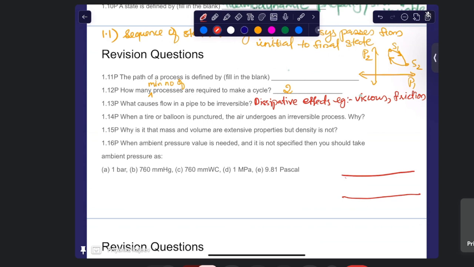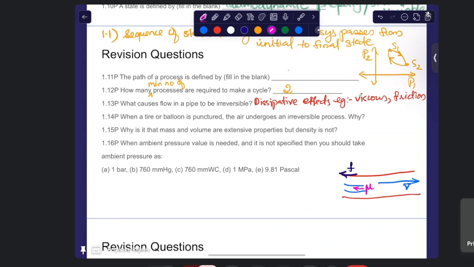It will be slowing down, right? If a flow is acting with velocity v, then frictional forces will be there at the wall. And between two layers of liquid there will be viscous force, which will retard the flow. Those forces create a lot of dissipative effect, so that is irreversible.